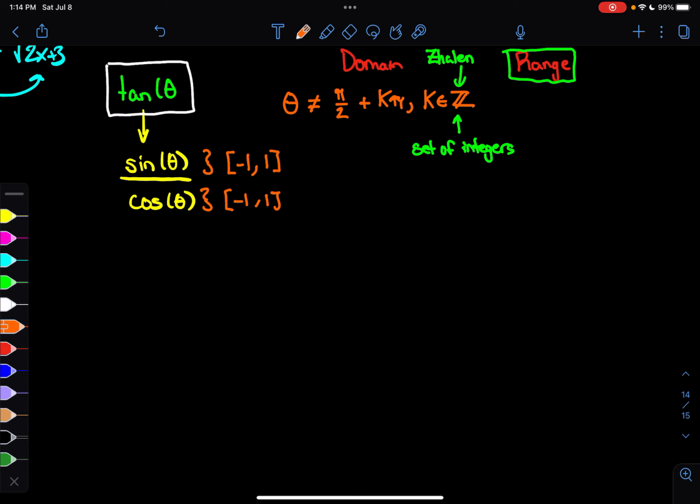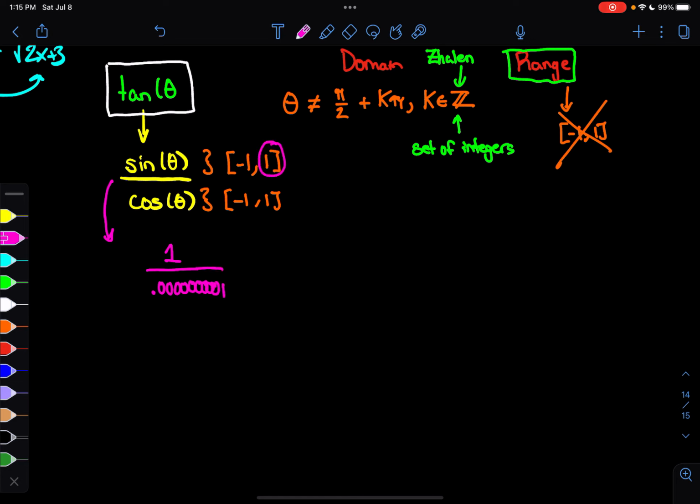You might be inclined to say that the range of tangent is also just from -1 to 1, because how could you get anything else? I'd say that your answer is wrong, because imagine a scenario where sine is equal to something close to 1, or maybe sine equals 1, and you're dividing by a value of cosine that's really, really small.